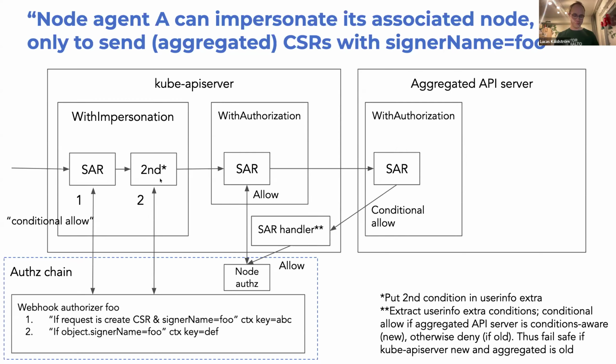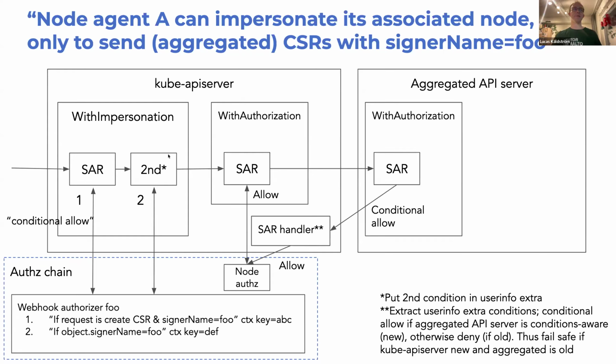Even in the worst case of an old aggregated API server, all of the old aggregated API servers take the user info that is transmitted between them, and they will pass back the same user info when doing the subject access review in their authorization chain.